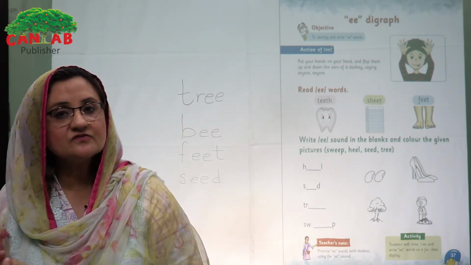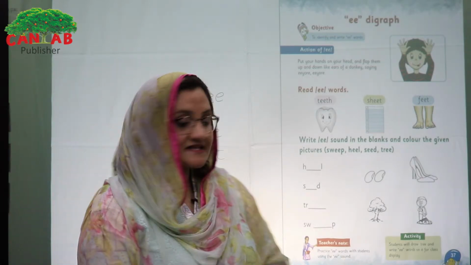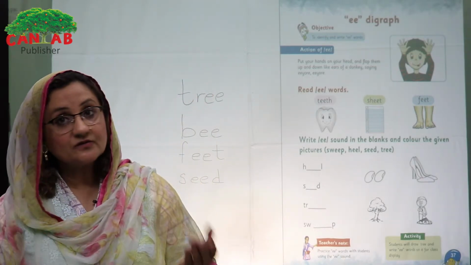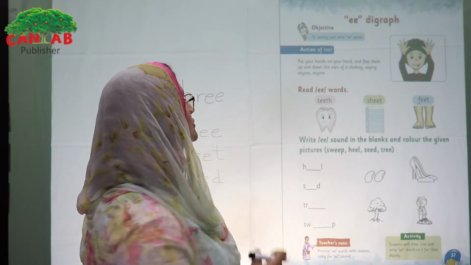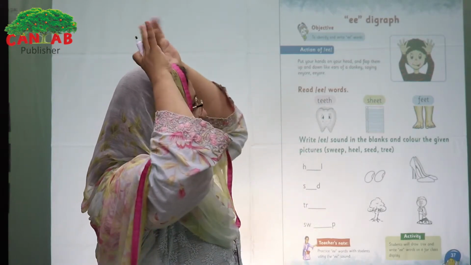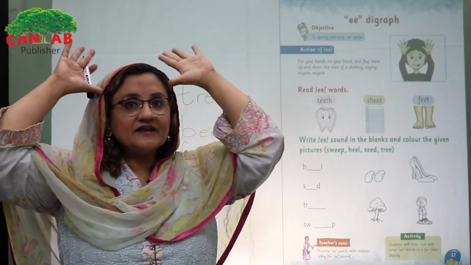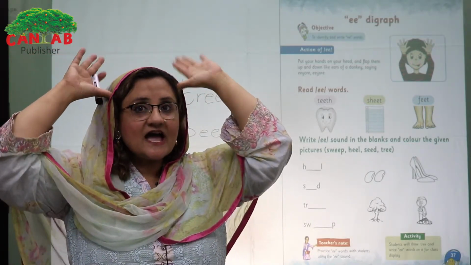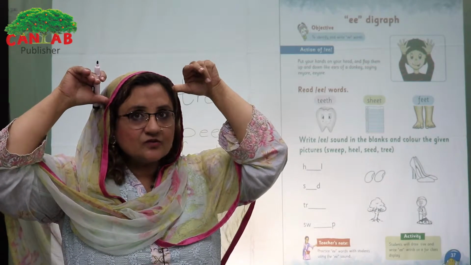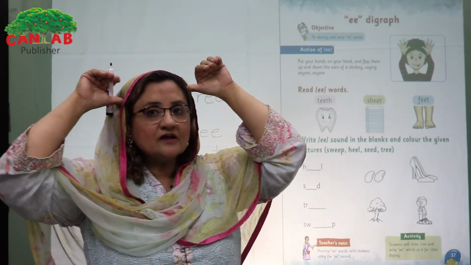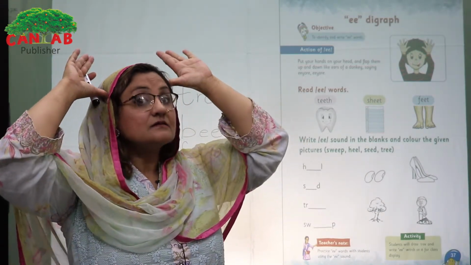After doing this activity, you can ask them to open their books and tell them to put their hands on their heads like this and flap them up and down, and try to produce the sound of a donkey like this.